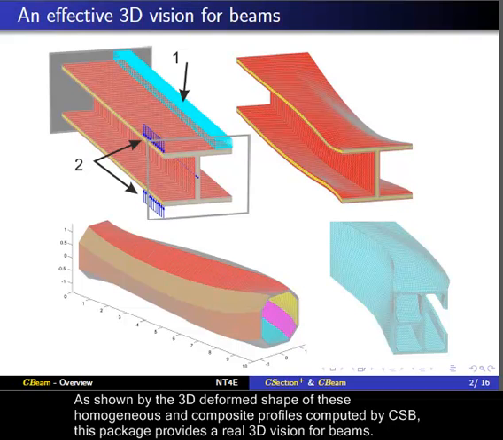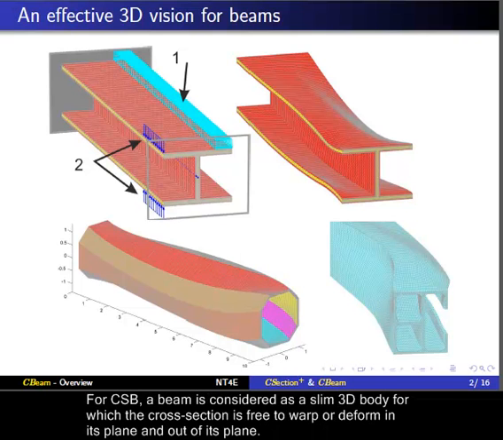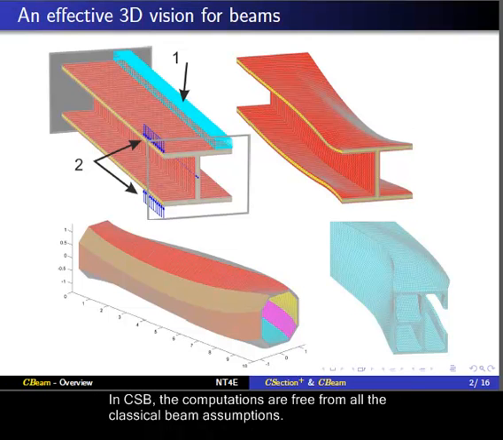As shown by the 3D deformed shape of these homogeneous and composite profiles computed by CSB, this package provides a real 3D vision for beams. For CSB, a beam is considered as a slim 3D body for which the cross-section is free to warp or deform in its plane and out of its plane.